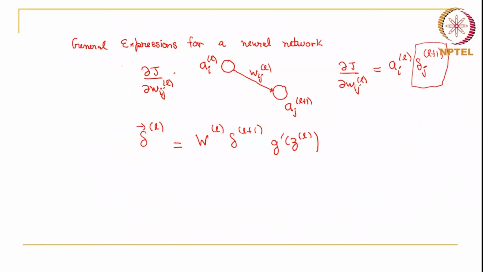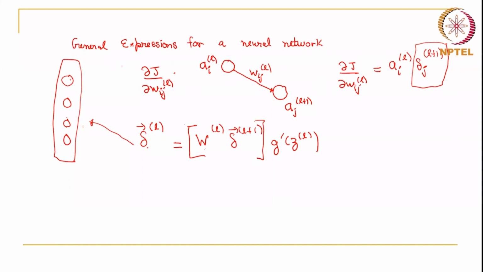These deltas are for the full layer. Remember, you have multiple neurons in each layer. So when I say this, this is for each one of these neurons separately. This now is a matrix multiplication. The W joining this layer to the next layer, those put together, is a matrix.